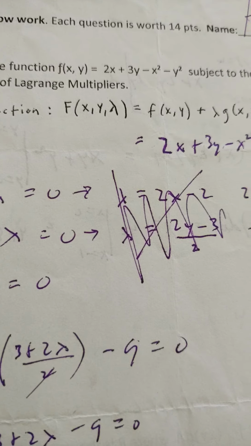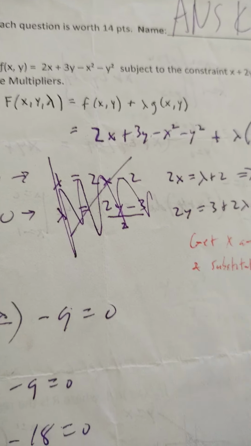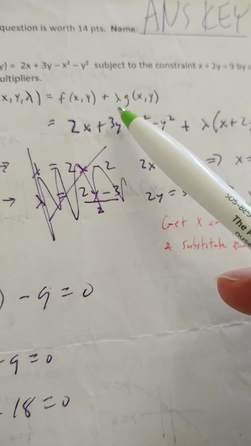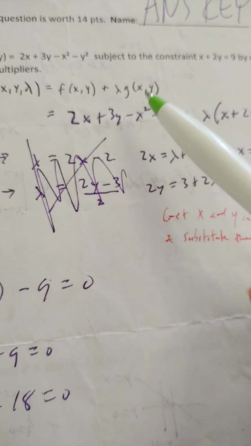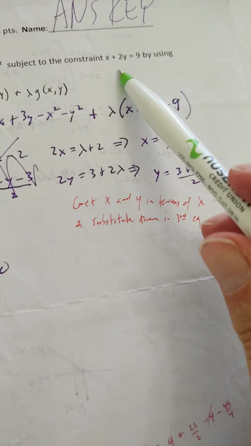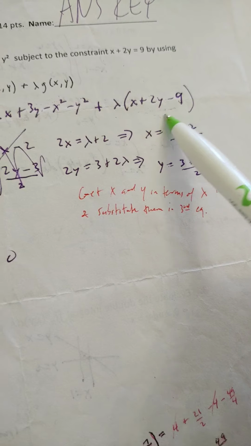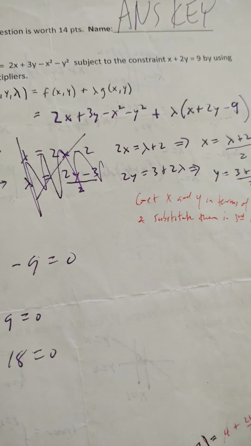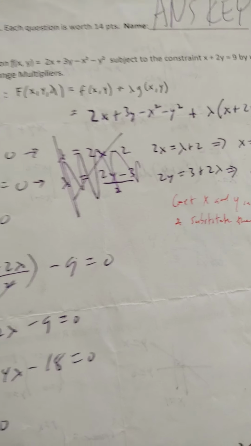F of x comma y comma lambda is equal to your given function f of x comma y plus lambda times g of x y, where lambda times g of x y is going to be simply lambda times, and this is your g of x y, because if you subtract 9 to each side, you get that. Okay, so I'm not going to bother going over that problem just because you have it in your old final. You've got to find the partial derivatives, etc., etc.